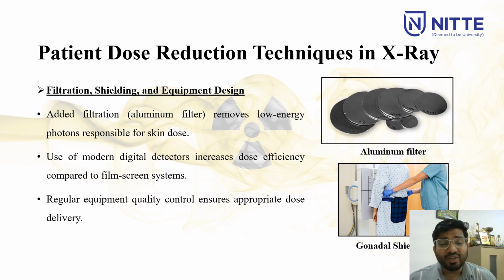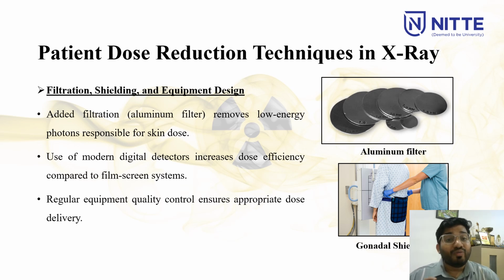Also, regular equipment quality control ensures appropriate dose delivery. So we should always check appropriately, yearly or half yearly, and the quality control tests should be performed, and we have to make sure that the machine is working appropriately, and we can match the results of that particular quality control test with its actual values.